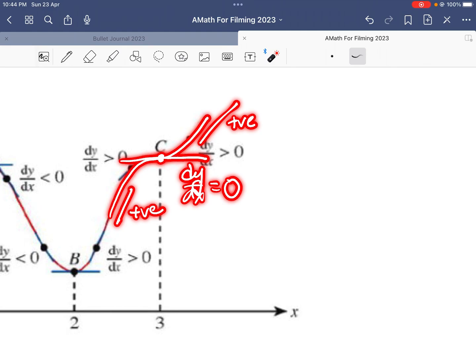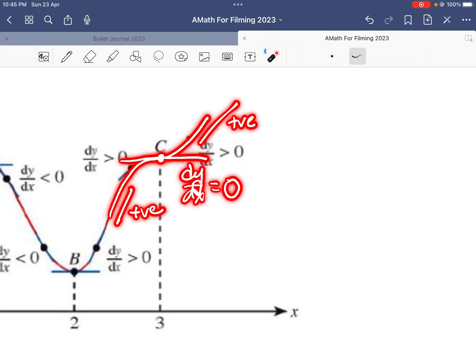For point A, it will be positive, 0, negative. Or for point B itself, it was negative gradient, 0, then positive gradient. For point C, notice that the gradient is positive, then 0. It doesn't change to negative, it carries on being positive.